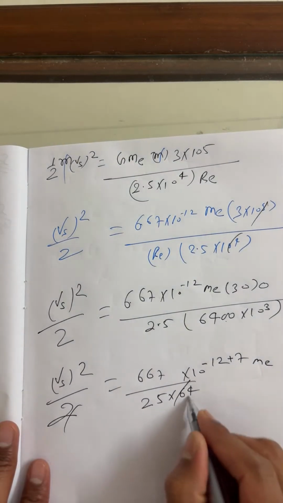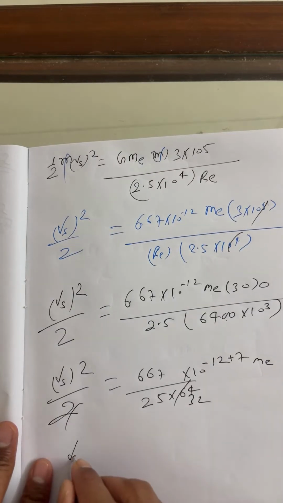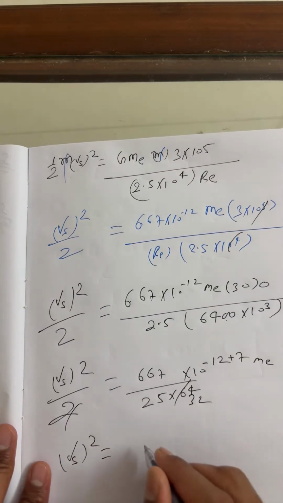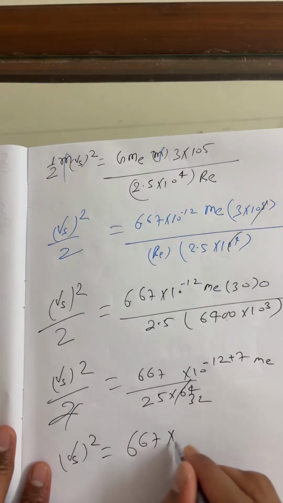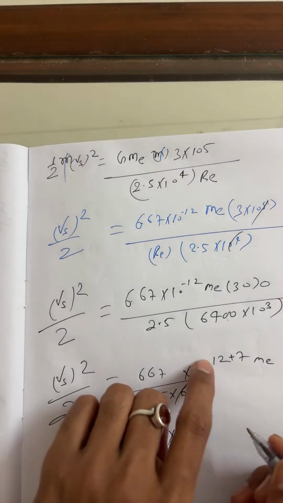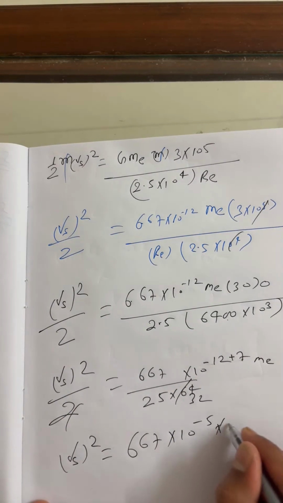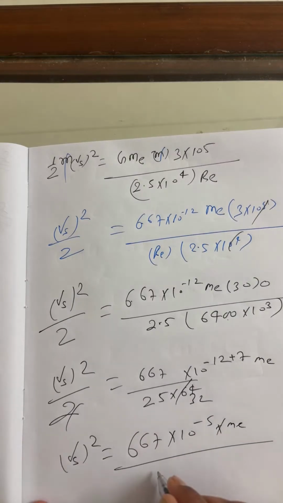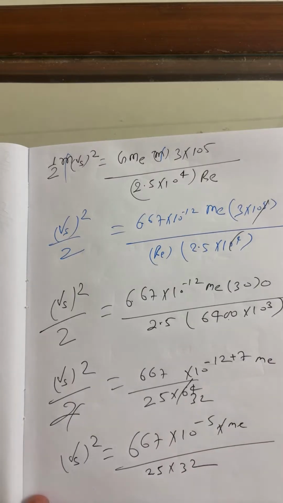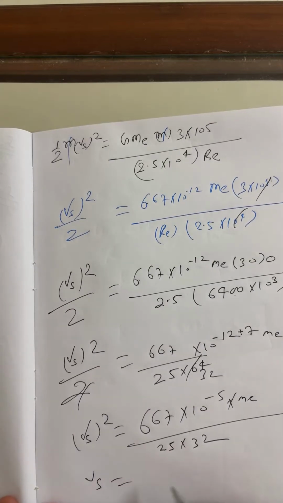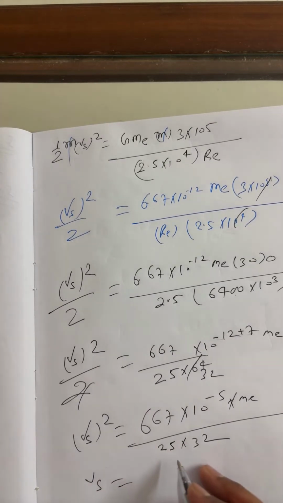Further, let's just take 32. So further, just solve, student. 667 into 10 to the power minus 5 only. Minus 5 into beta mass of Earth, 25 into beta 32. Further solve it and finally I will get the answer of the question. Just give me some time to calculate.